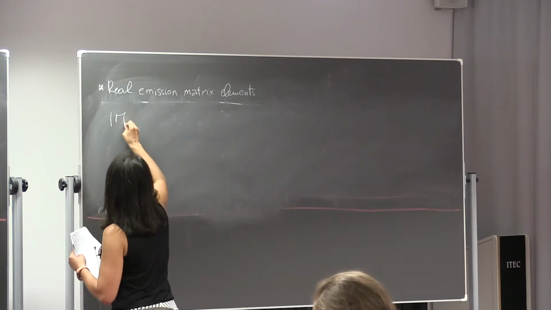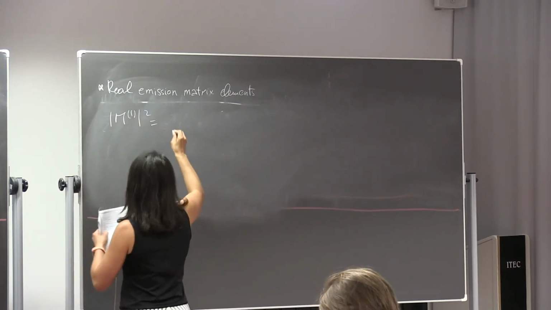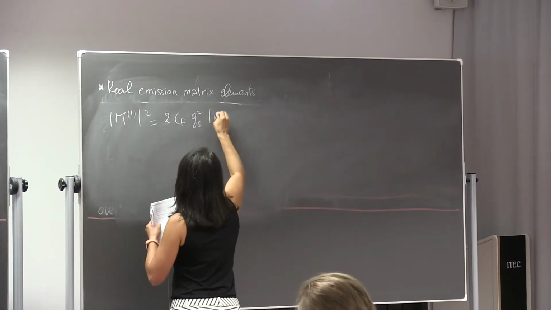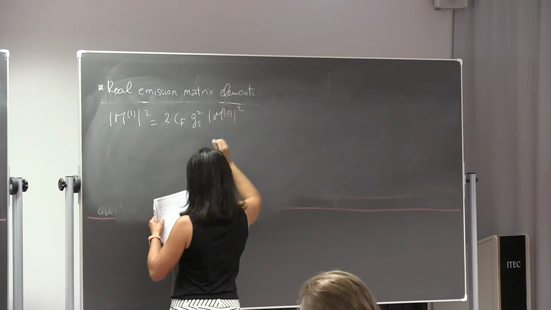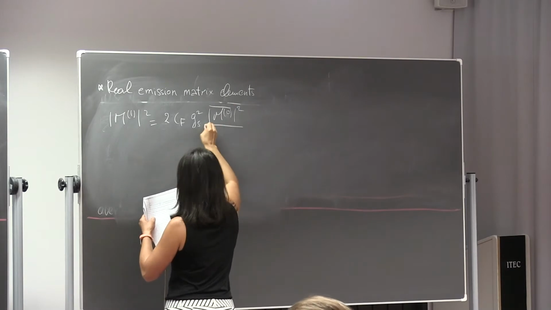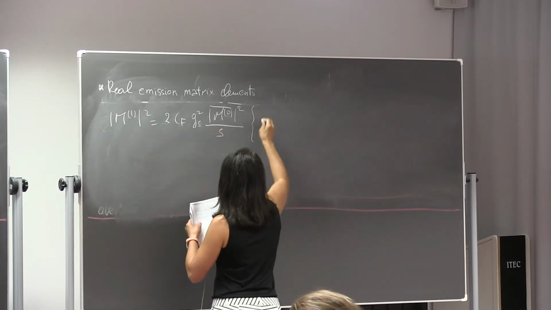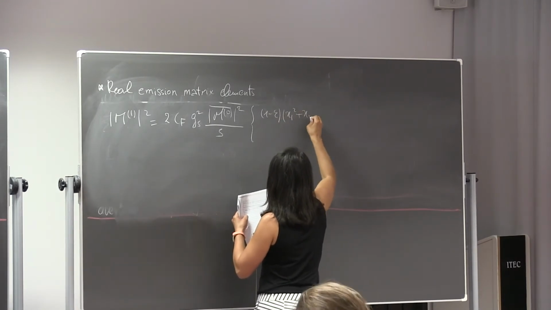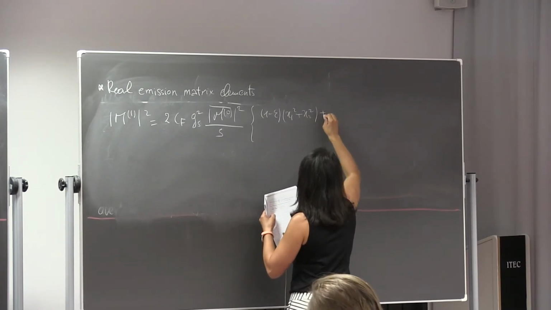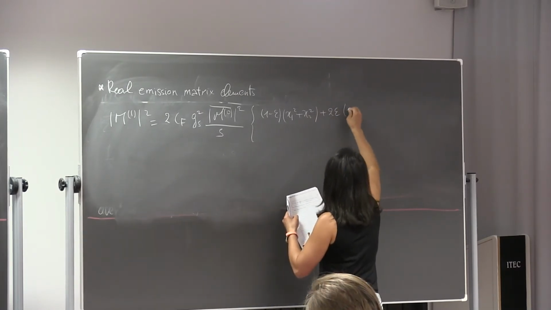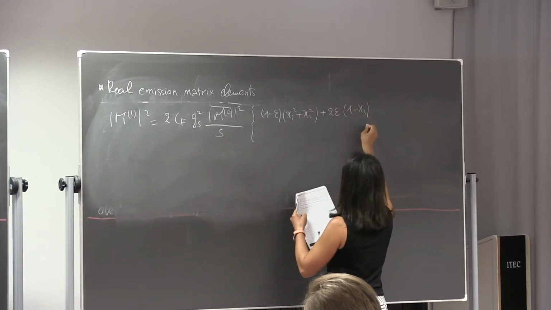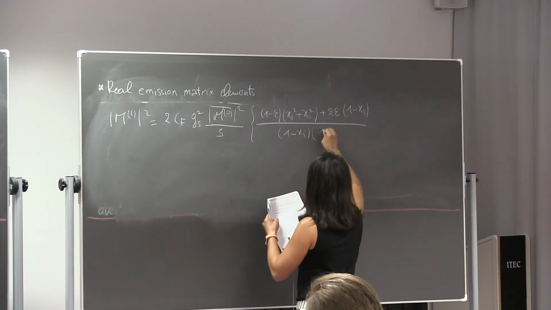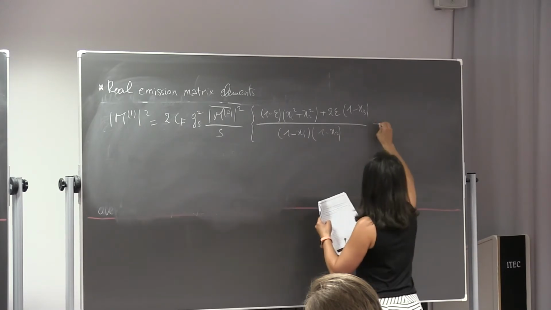So we get M1 squared is simply 2 CF, strong coupling constant squared, M0 squared over S times 1 minus epsilon, (x1 squared plus x2 squared plus 2 epsilon times 1 minus x3) over (1 minus x1 times 1 minus x2), and then we have minus 2 epsilon as well.